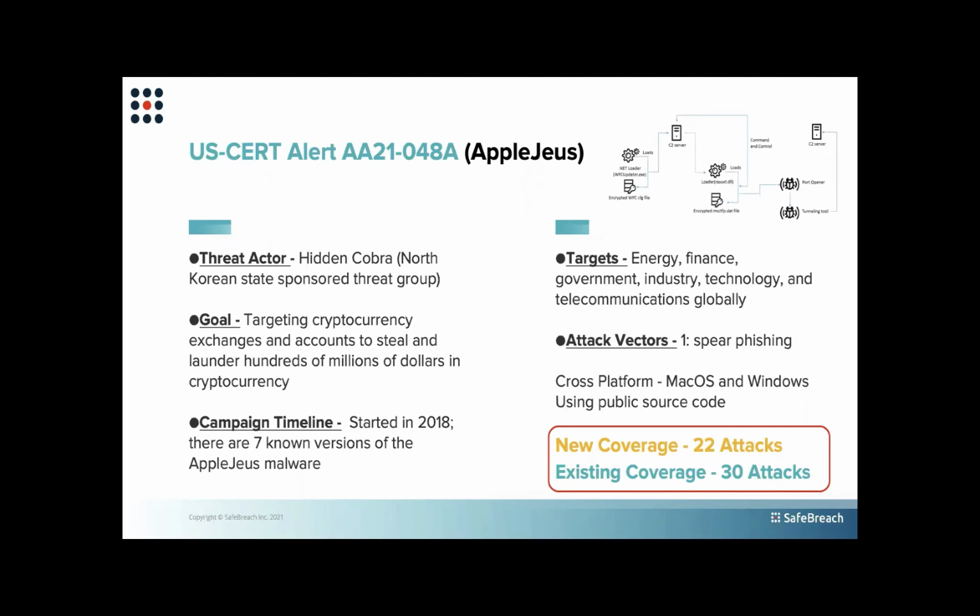It was very interesting, and you can see that we added 22 attacks for this threat, but we already had 30 existing attacks that probably cover most of the attack vectors they used. And with the addition of the 22 attacks, we give very full coverage. So you can ask yourself, okay, how can I use the product to run these 52 attacks? Let's move on and see an example.